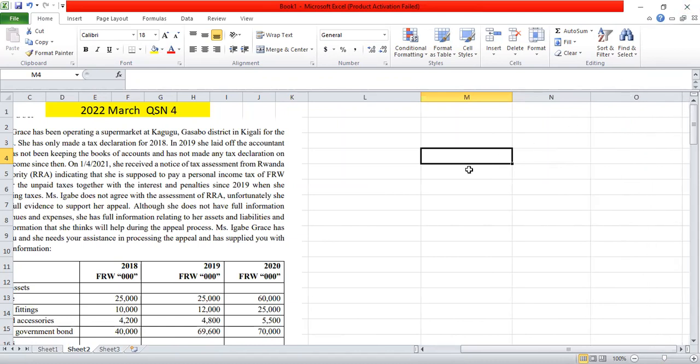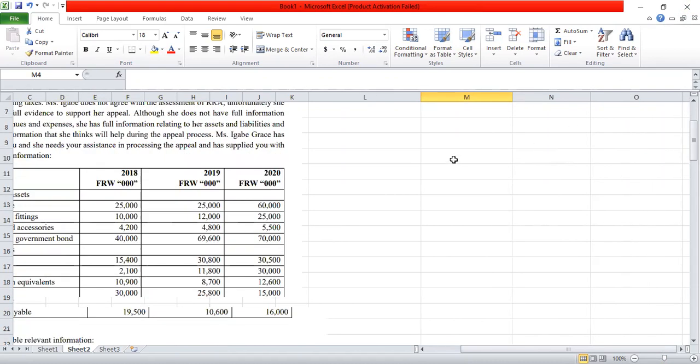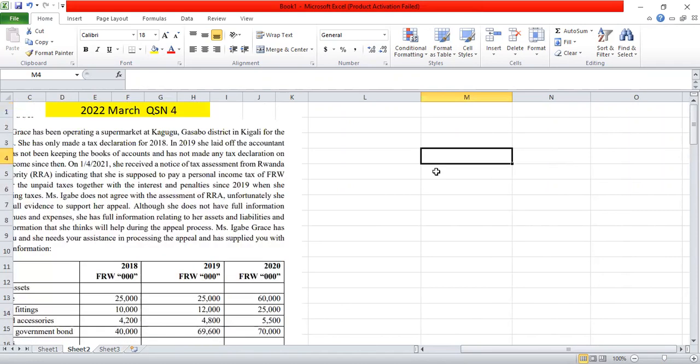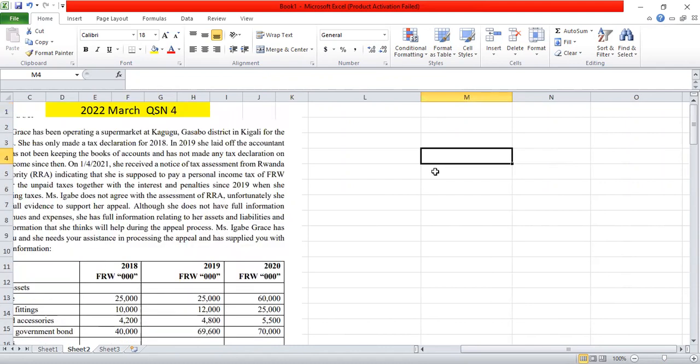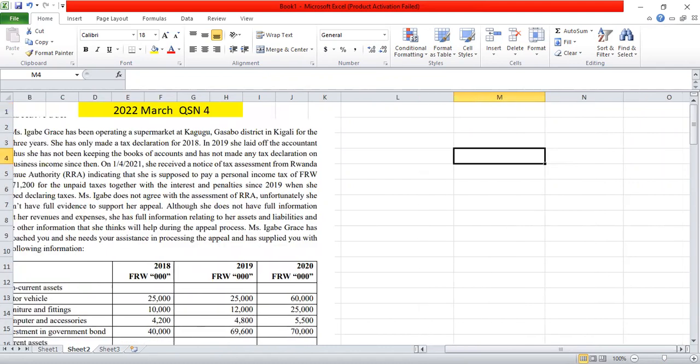I don't know if you can get me these totals very fast. Our total assets.